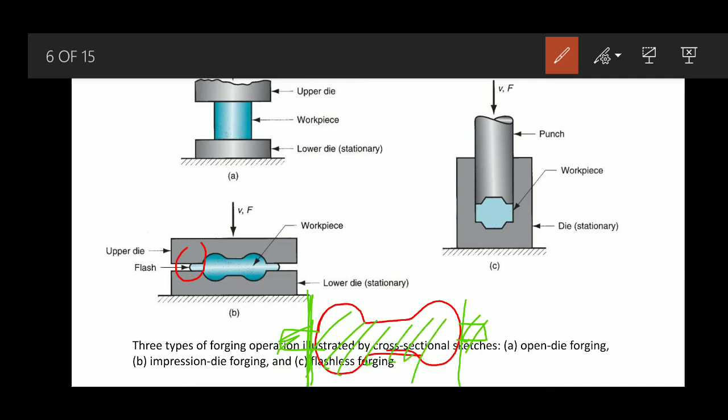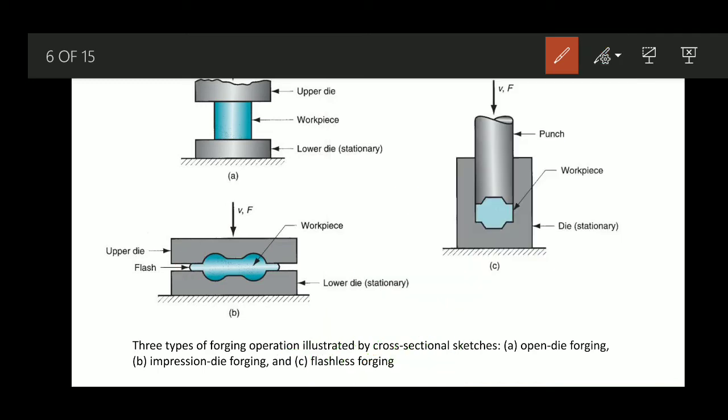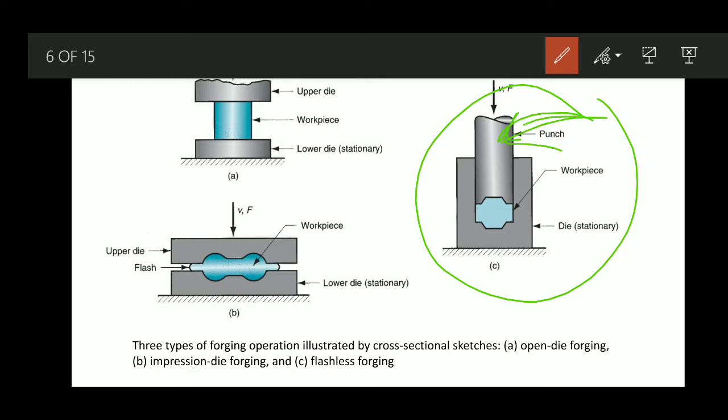Similarly, we can have flashless forging, that is also important. So now in the flashless forging, you can see in this particular figure, the die is stationary, and the punch, that is the upper die, also works like a punch. As it is giving the particular force, it can also be considered as the punch, the upper die.